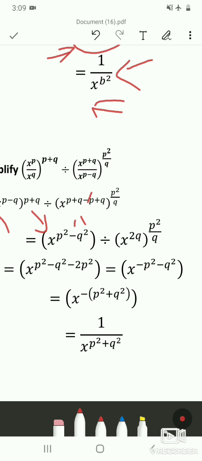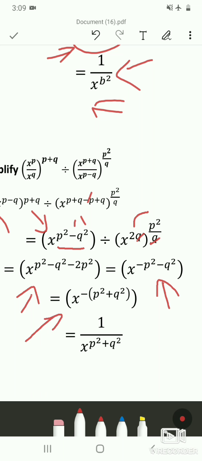So again by using the second law, here the base is x, and in this step we can see again both the q's will get cancelled, so we'll be remaining with 2p square. So by using second law we'll get it as x raised to p square minus q square minus 2p square, which is equal to x raised to minus p square minus q square.